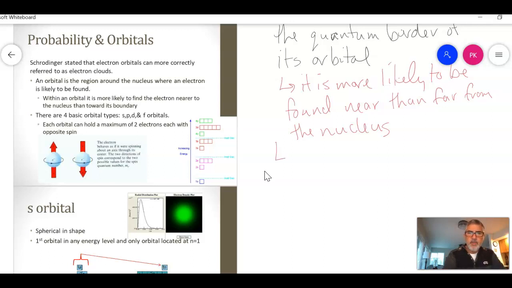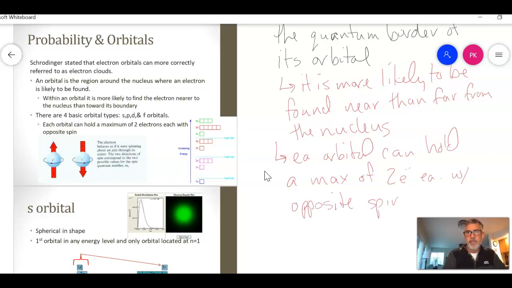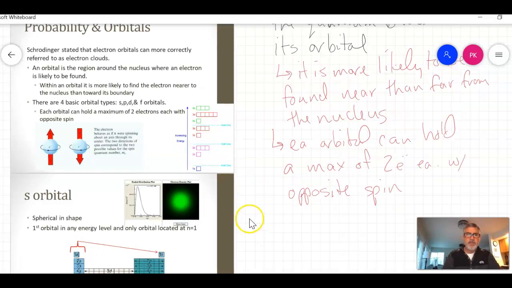So we say that each orbital can hold a max of 2 electrons, each with opposite spin.